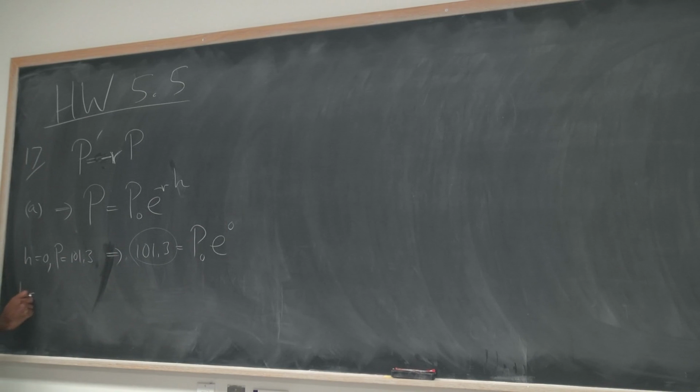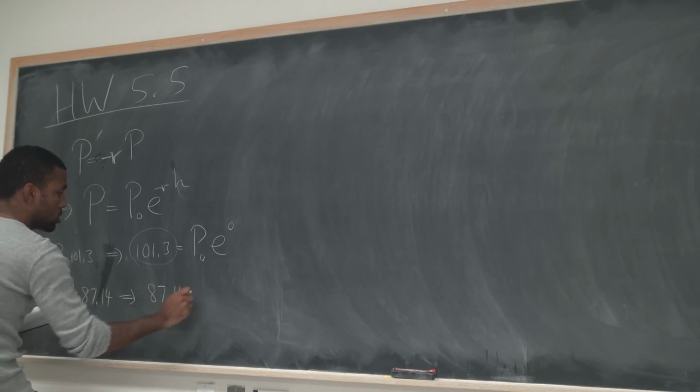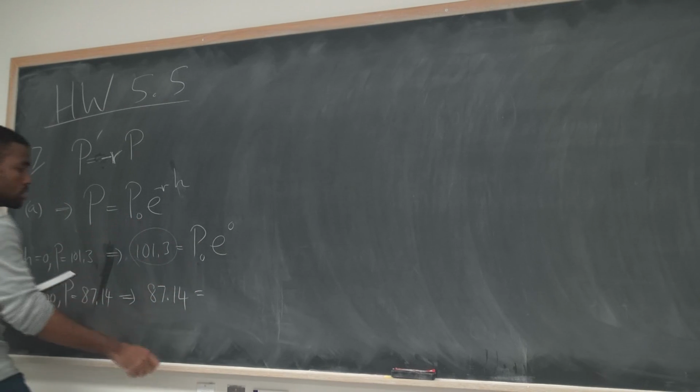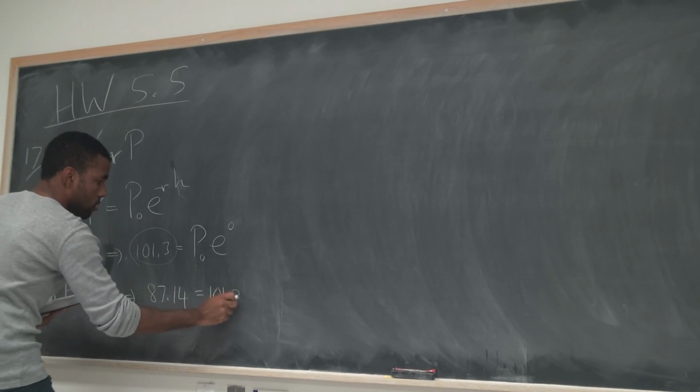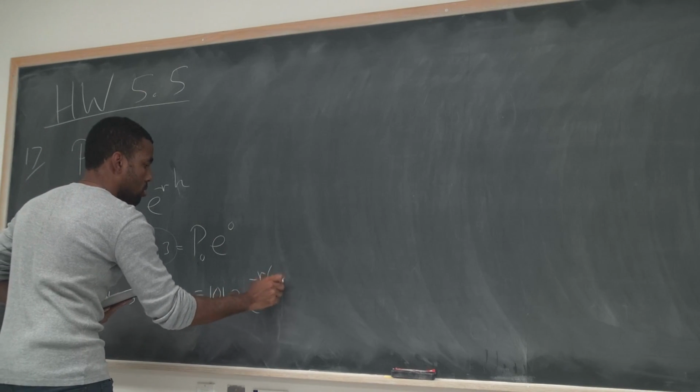And we know that when h equals 1,000, our P should be 87.14. So this means 87.14 should be equal to the P naught, which I know is 101.3, e to the minus r times 1,000.